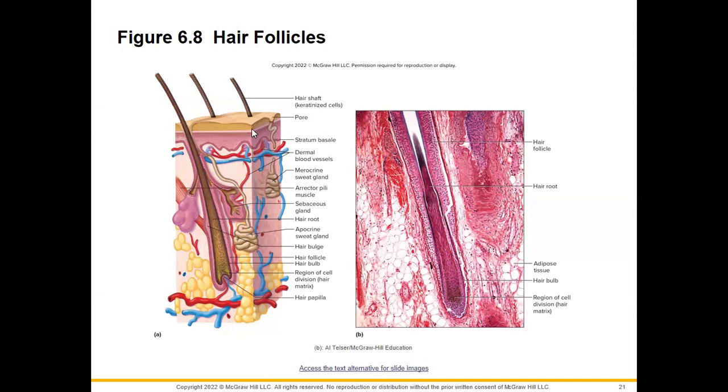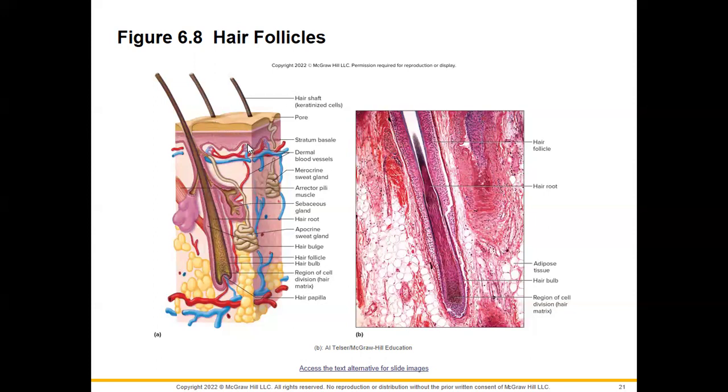So remember that the top layer of the image on the left is the epidermal layer. You have the stratified squamous epithelial cells that are alive here. You push them up toward the surface, and then you get to the stratum corneum layer.